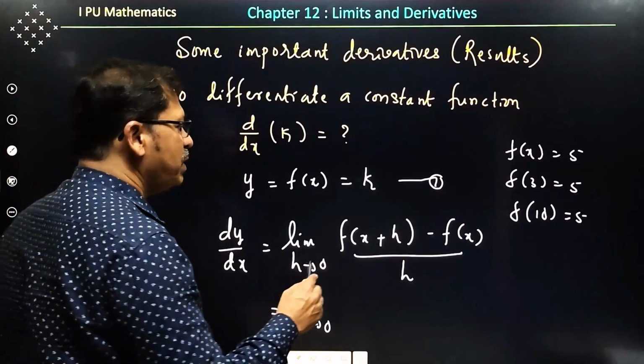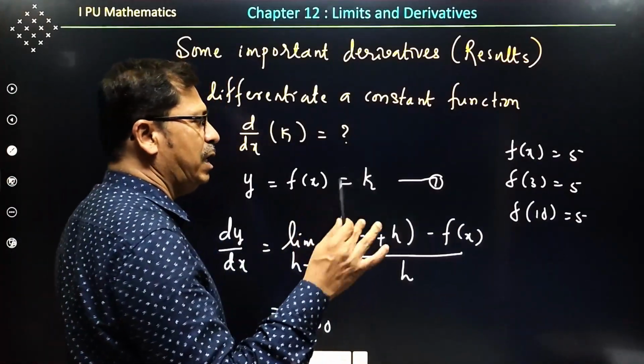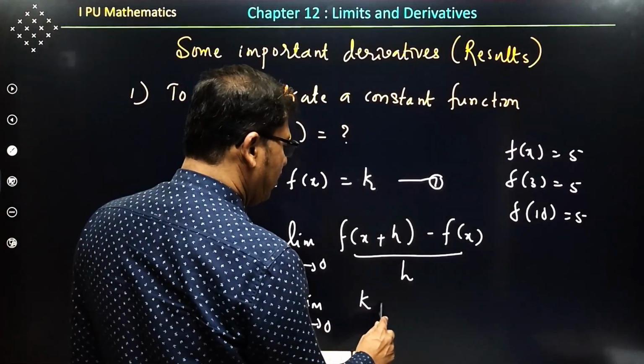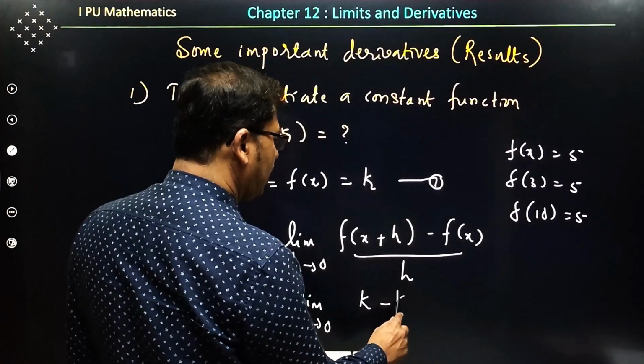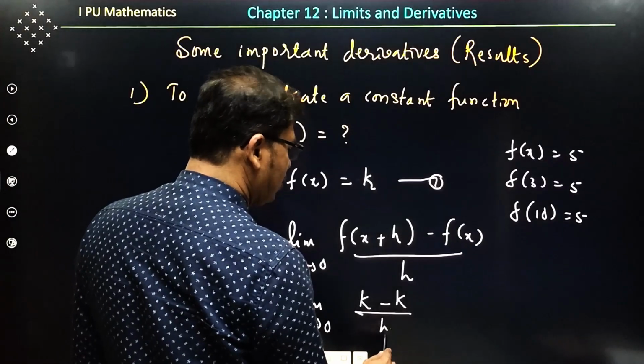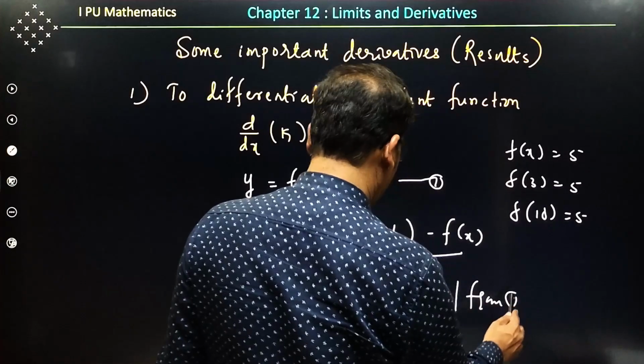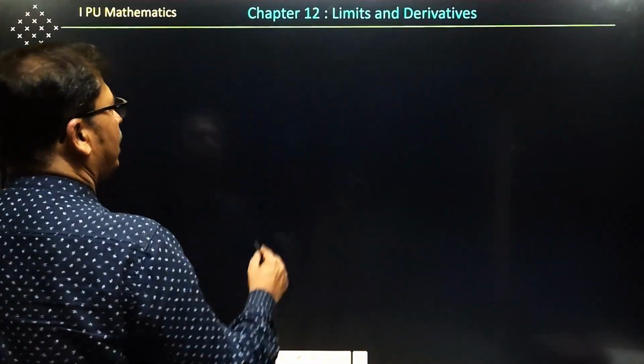So f of x plus h is not going to change k plus h. Don't write like that. So this is k itself here. Minus f of x is nothing but k divided by what here? h. So this is from 1 here. From equation number 1 we can write like this. So this is equal to what you are getting.